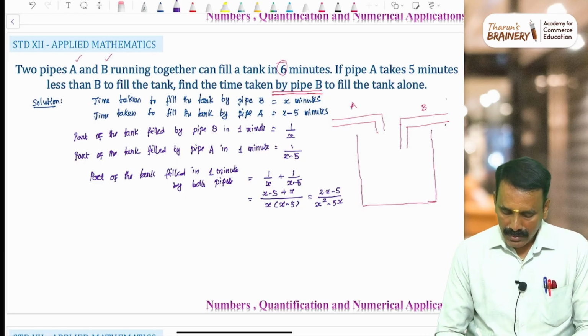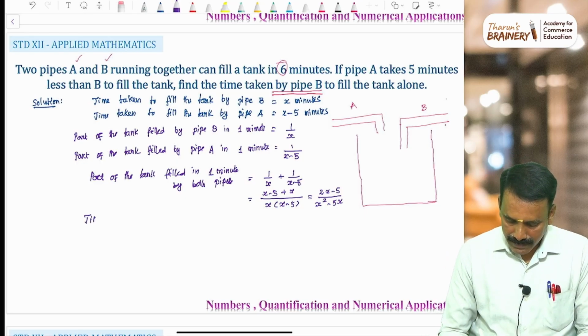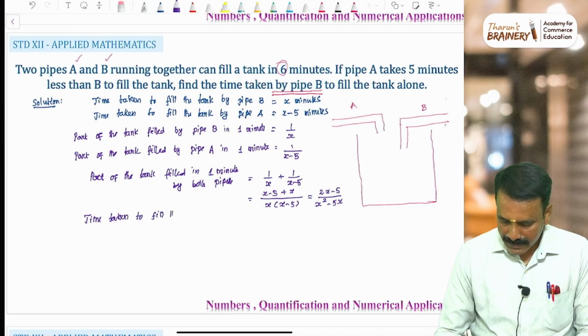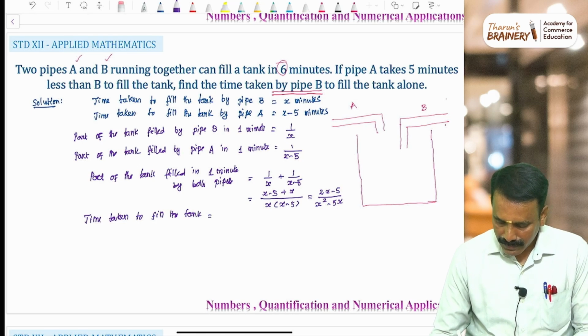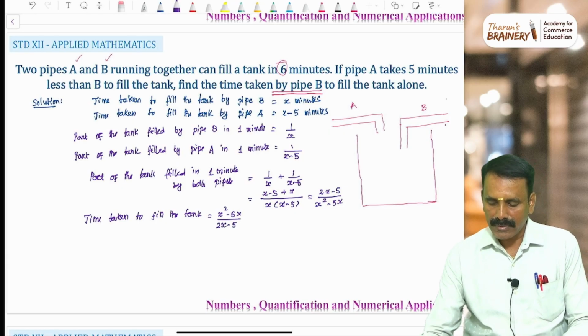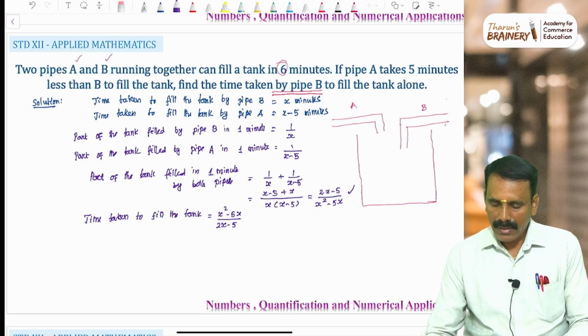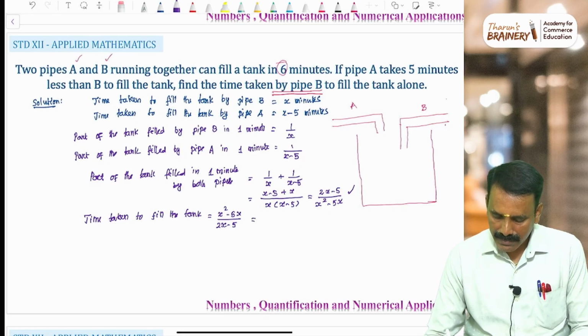Okay. So time taken to fill the tank will be equal to x square minus 5x divided by 2x minus 5, reciprocal of this expression. And it is given to us as 6 minutes.